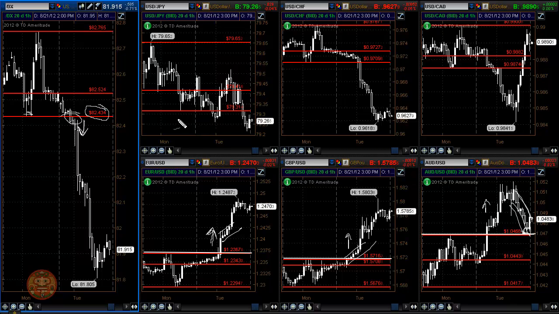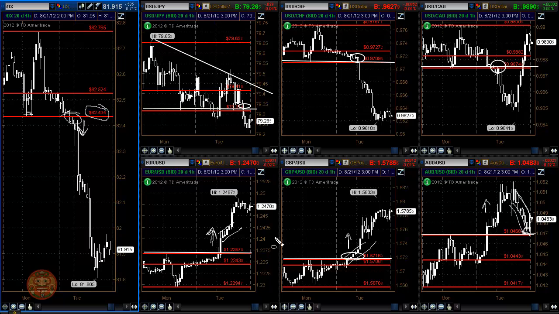But you can see here that the Japanese yen as well is finally breaking down below this key level. It's kind of interesting, the Japanese yen had been moving up over the past couple of days, but now it's starting to move down. And take a look at the Swiss franc pushing down below the previous session low. You can also see the Canadian dollar. All of the markets are in alignment, and this is what you want to see.